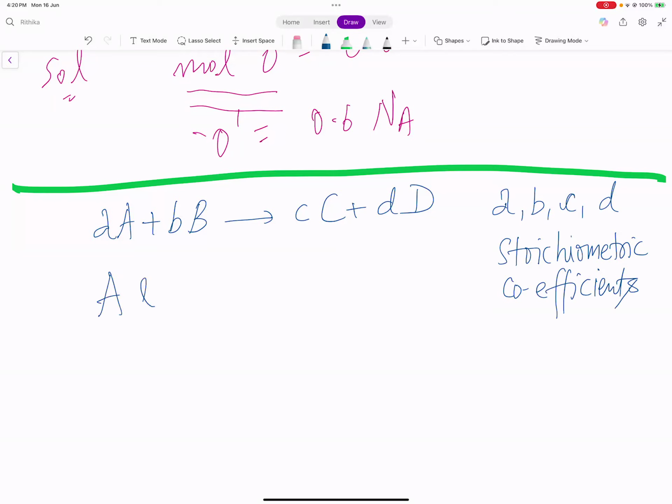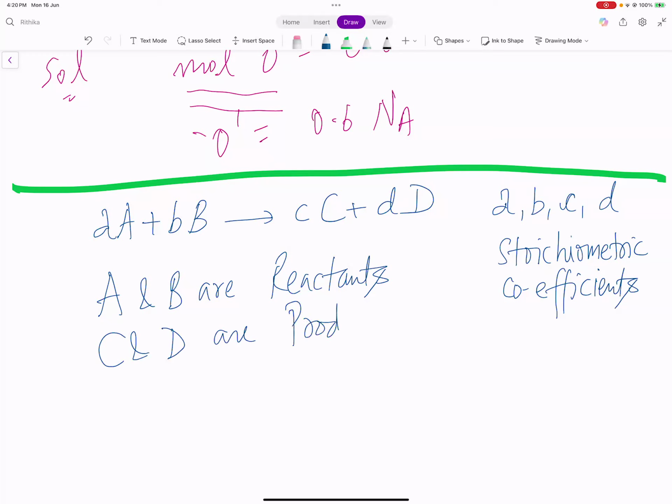A and B are reactants, and we call C and D products. Whatever is on the right hand side are the products, and the left hand side are the reactants.